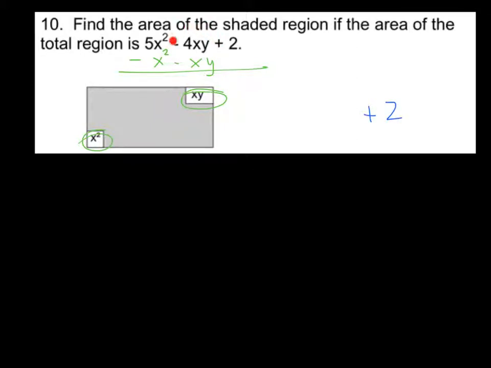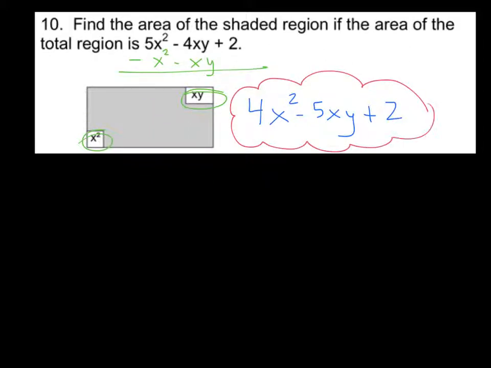Then I have a negative 4xy and a negative xy, which makes negative 5xy. Then I have a 5x squared minus x squared, which is 4x squared. Therefore, the area of just the shaded region would be equal to 4x squared minus 5xy plus 2.